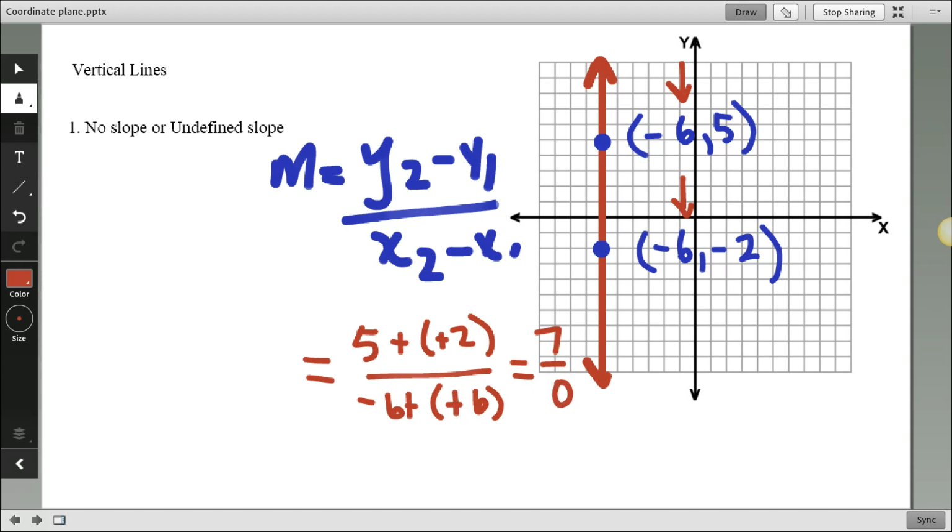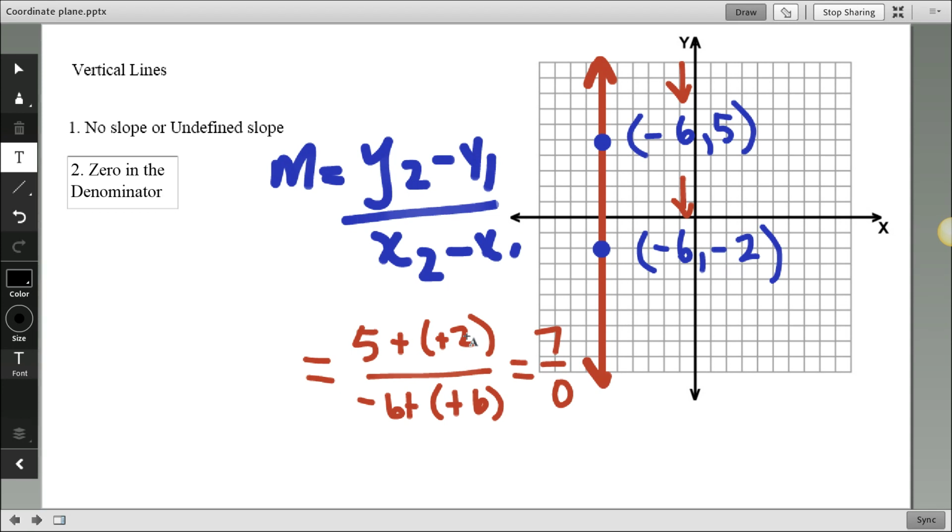This is why it's an undefined or no slope, because we cannot divide by 0. So why is it no slope? Because we end up with a 0 in the denominator. That's why it's undefined or no slope.